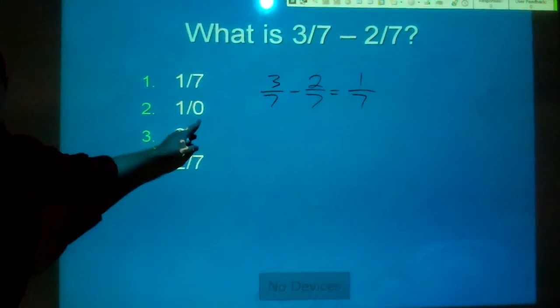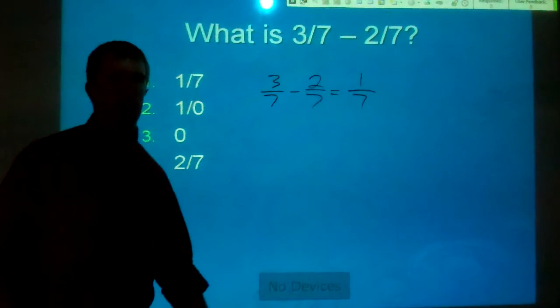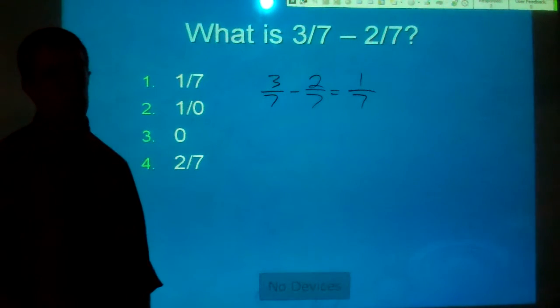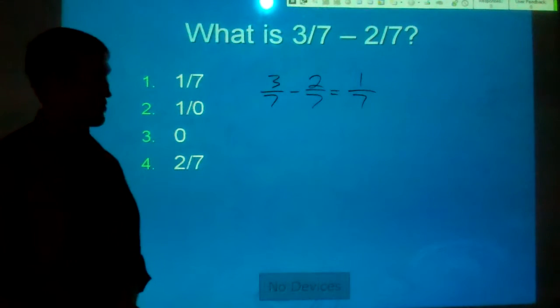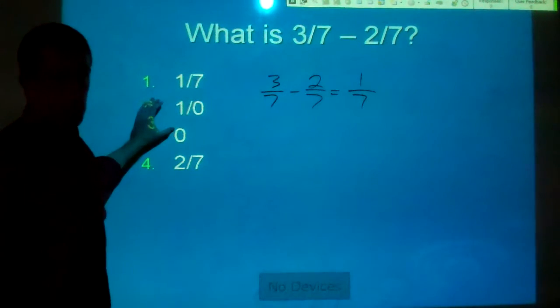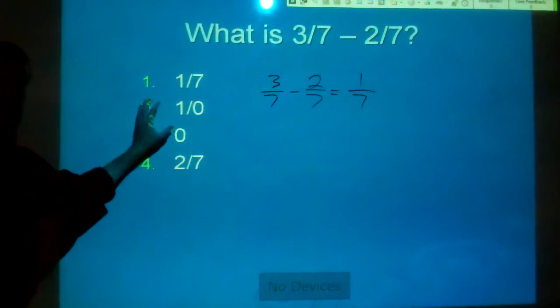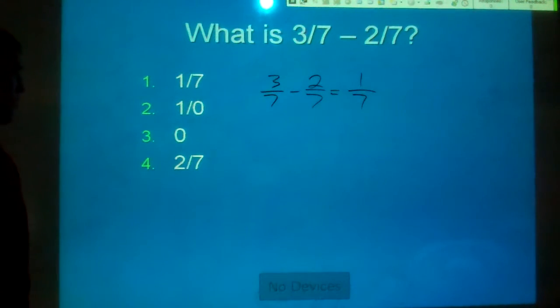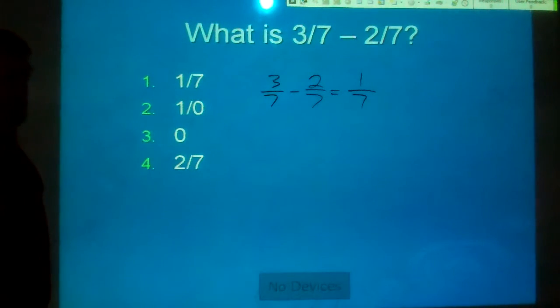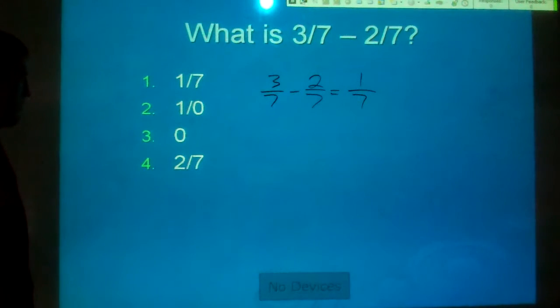This is not even a real number. We cannot divide by 0. Cannot have 0 in the denominator. So no one chose it, which was good. But had they chosen that one, it would have been cause for some concern. But just remember, no zeros in the denominator. In fact, when we're adding or subtracting anyway, the denominator stays the same. So, just so we know that.